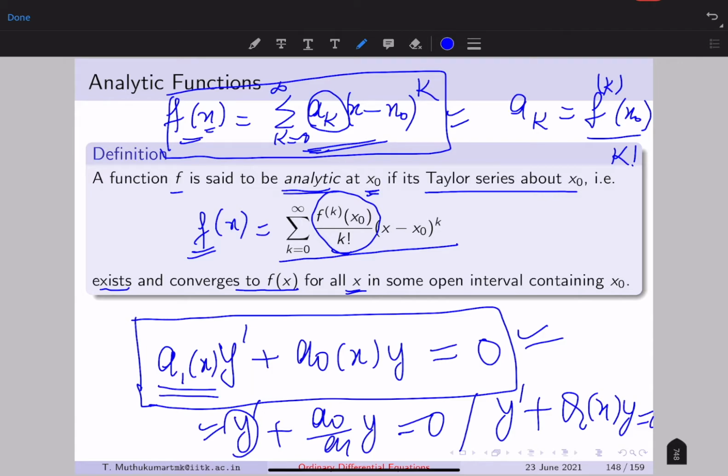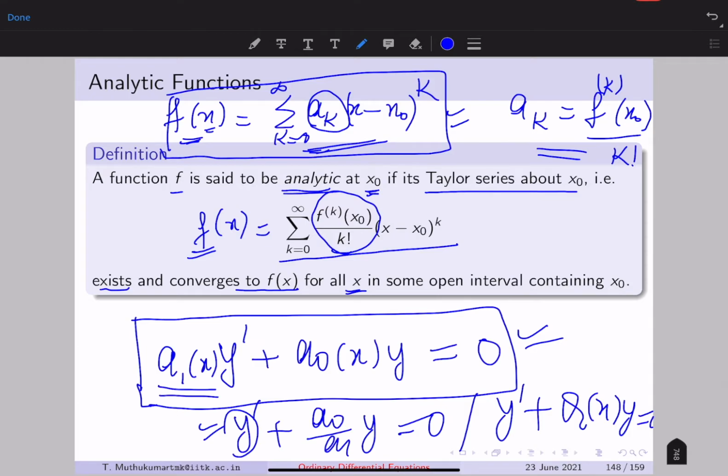Only the leading term stays. For instance, f of x0 is always a0. If you differentiate, the leading term is a1, so f prime of x0 is a1, and so on. So if a function has a power series form, then the coefficients have to be this. Alternately, a function is analytic if you can express it as a power series.